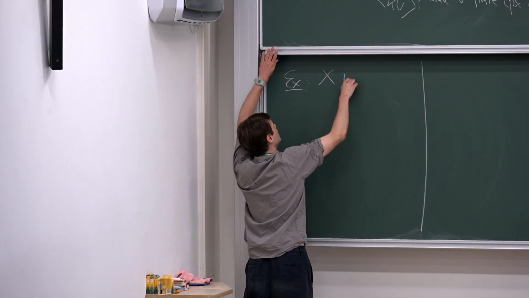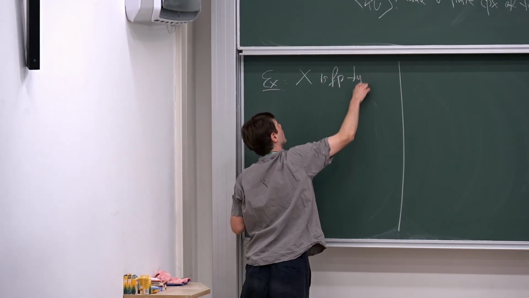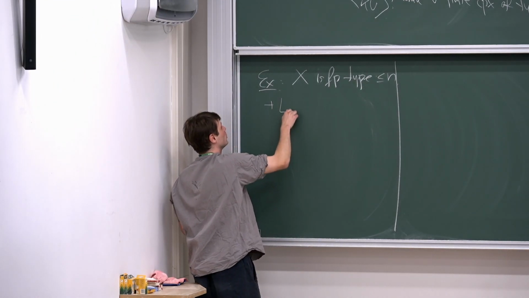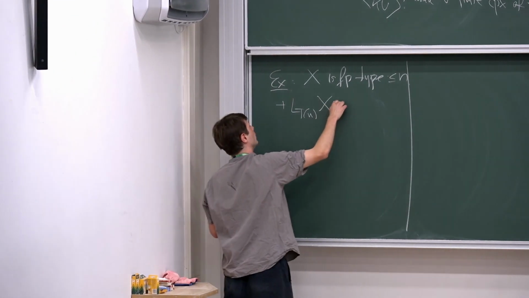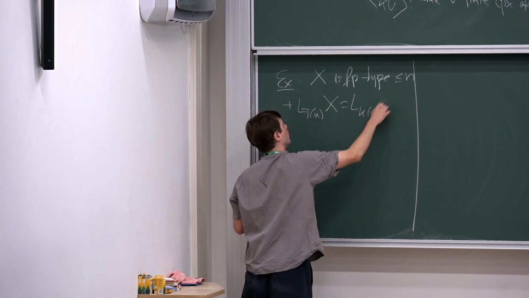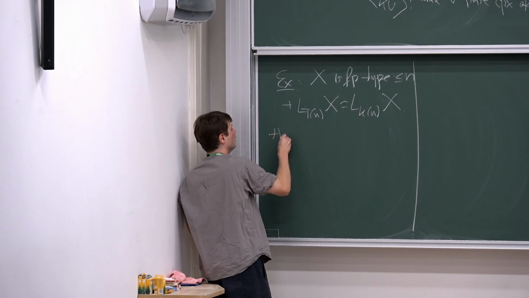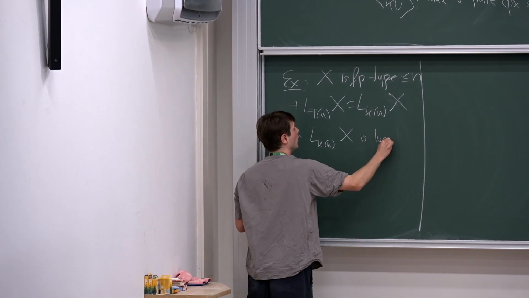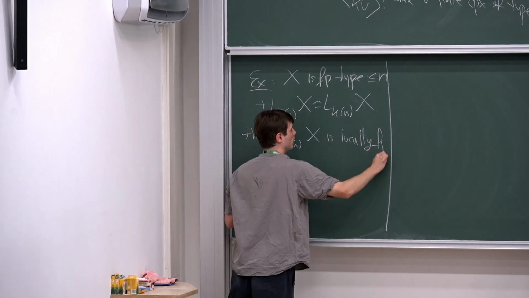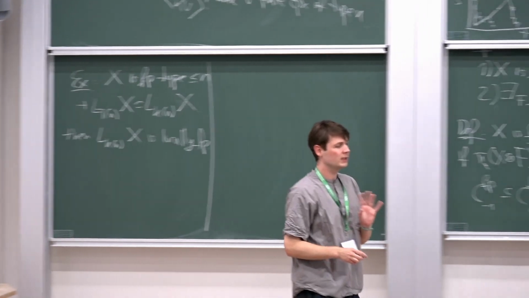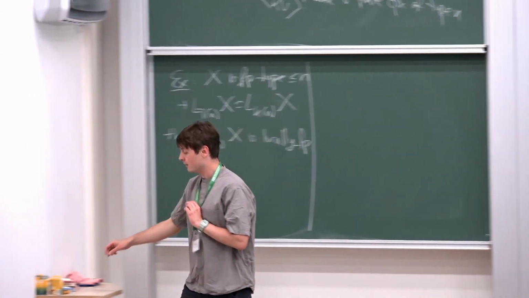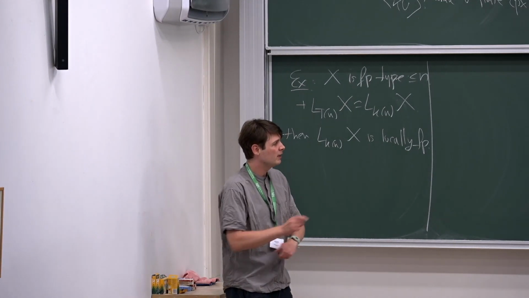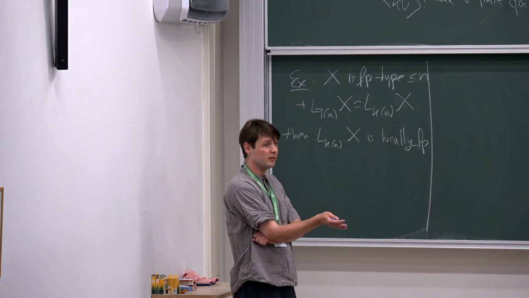If X is of FP type at most n, and it satisfies the telescope conjecture, then its K(n)-localization is locally FP. In other words, this really is the analog of being of FP type n, despite some grading changes. You should think that being of FP type at most n means that you're finite after you mod out by v_n.